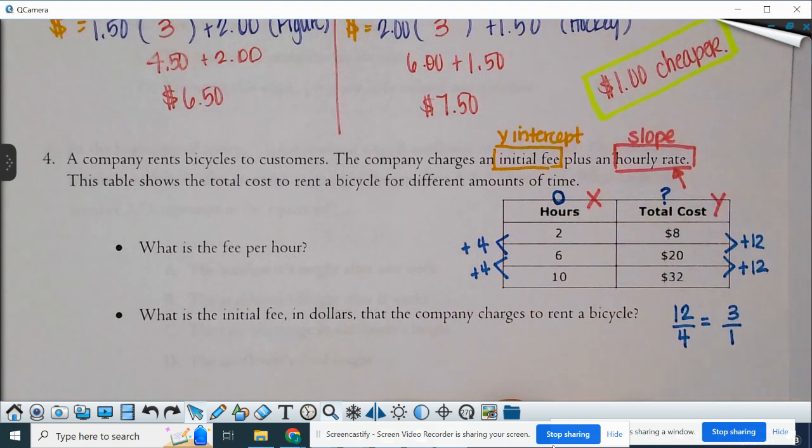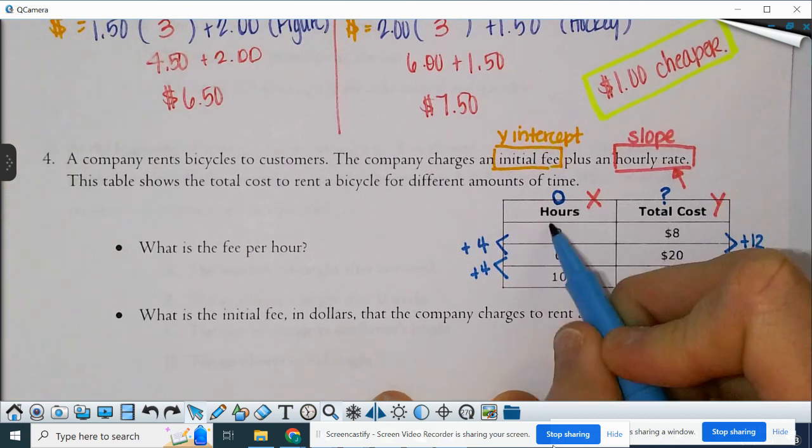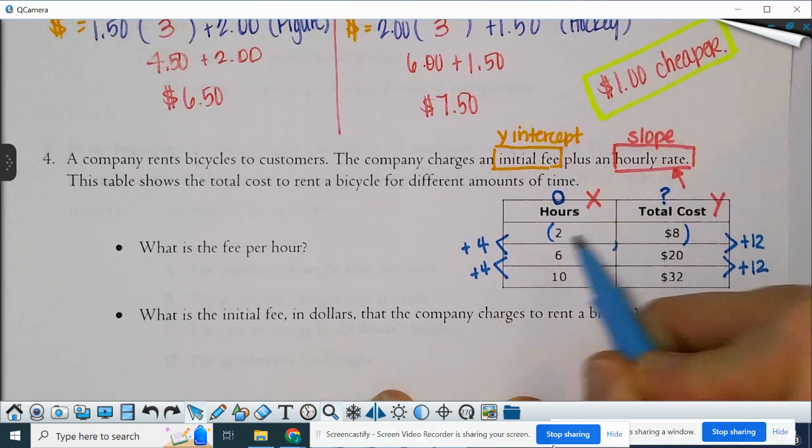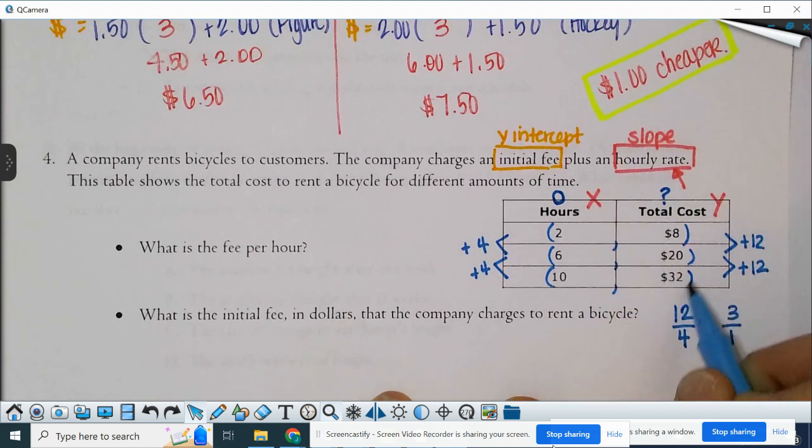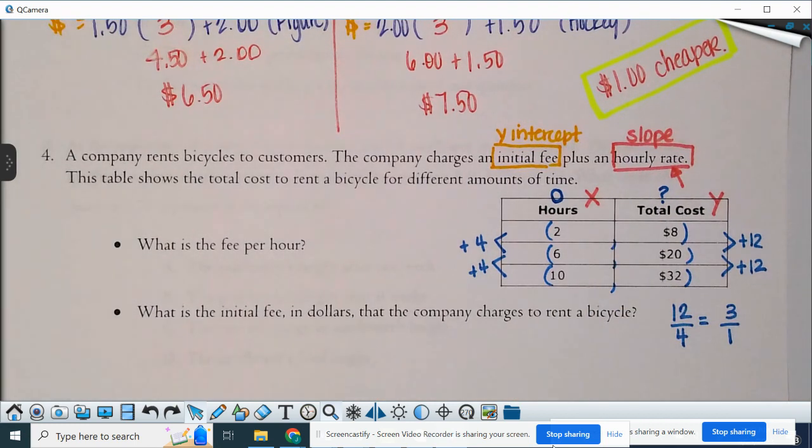Now you could do 3/1 and plug it in and choose one of these as a coordinate, because these are coordinates. Input, output, input, output. Like maybe you plug in the 2 in the place of x, and then you solve for b and you get your y-intercept, right? Or you can count backwards. They skipped 4 numbers, but every single number is going to be add 3.